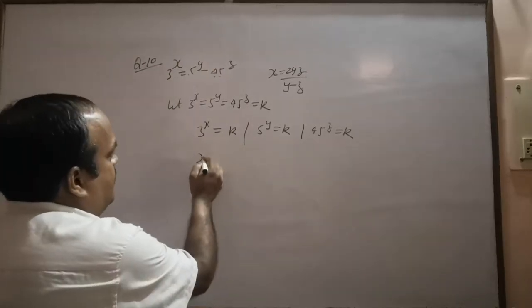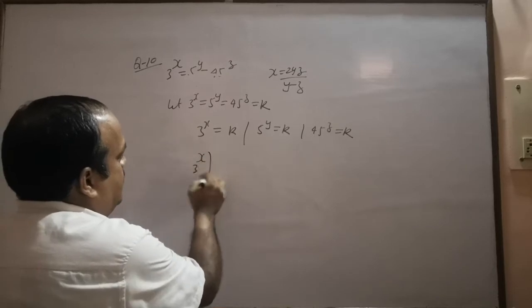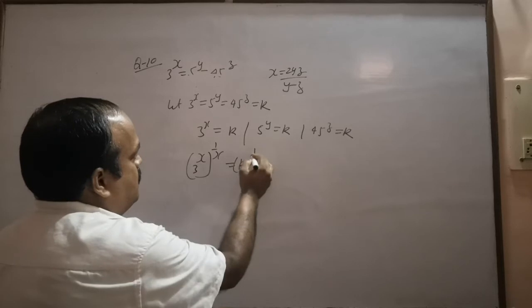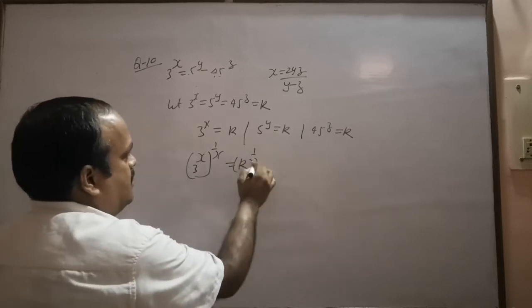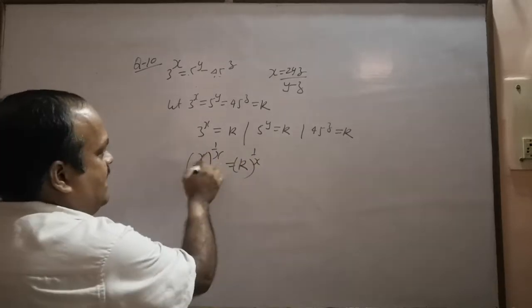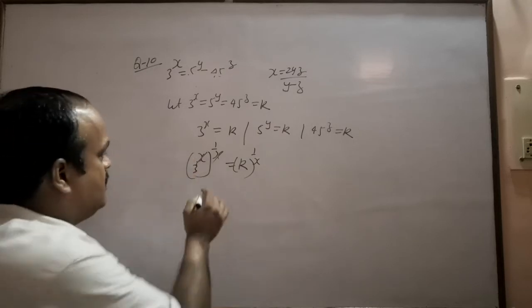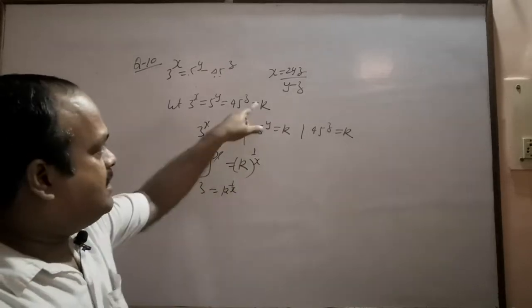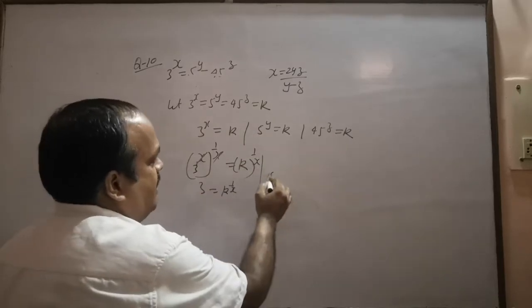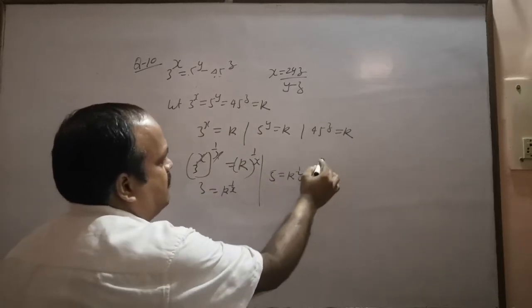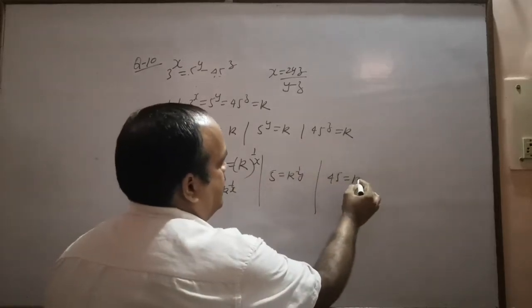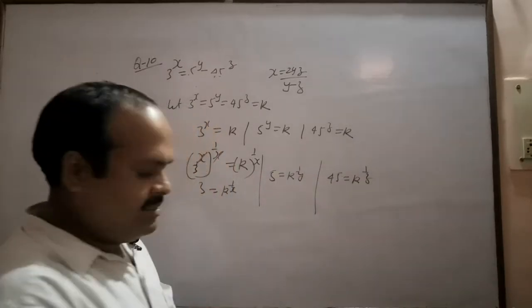So 3 to the power x raised to 1 by x, k raised to 1 by x. So what do we get? The x cancels. I have used the shortcut method. So 3 equals k to the power 1 by x. Using this concept, 5 equals k to the power 1 by y and 45 equals k to the power 1 by z.